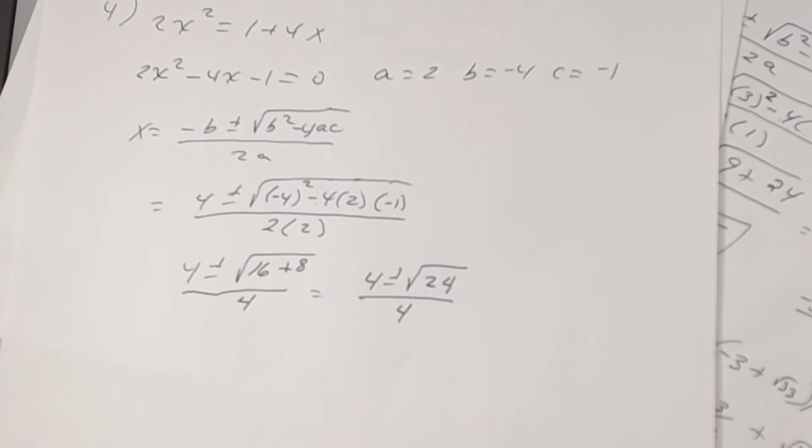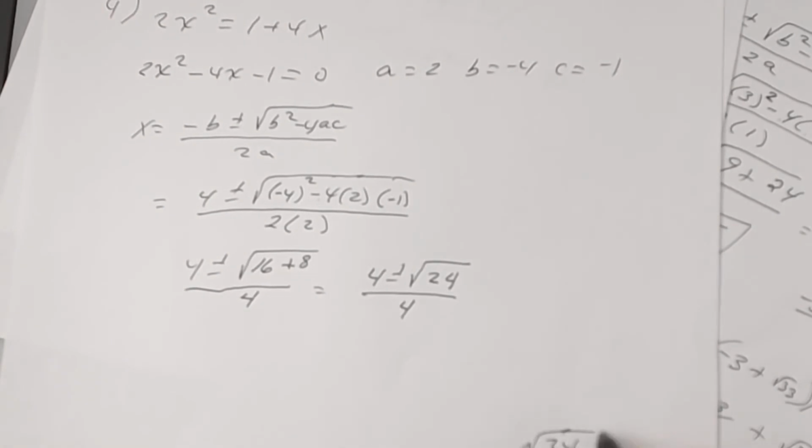But I can simplify the square root of 24, and I need you to. So let's go off to the side and remember how to deal with that. What perfect square besides 1 goes into 24? 8 is not a perfect square. You have to give me a perfect square. What perfect square goes into 24 besides 1? 2 is not a perfect square. 4. 4 times 6.